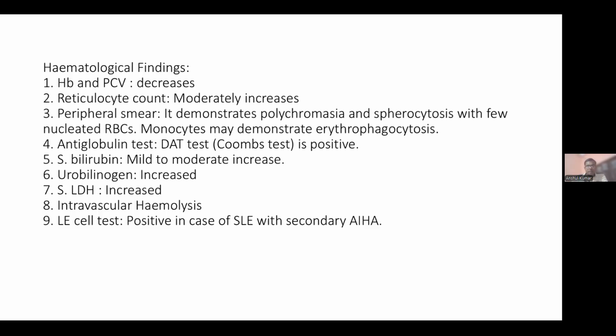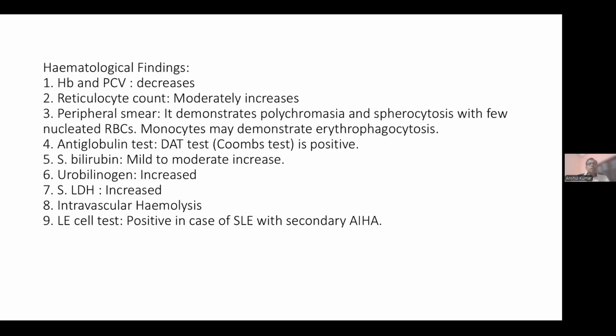LDH is increased due to lysis of red cells. Then intravascular hemolysis, hemoglobinuria, and hemosiderinuria follow severe hemolysis. And the LE cell test, the lupus test, is positive in cases of SLE, systemic lupus erythematosus, with secondary AIHA.